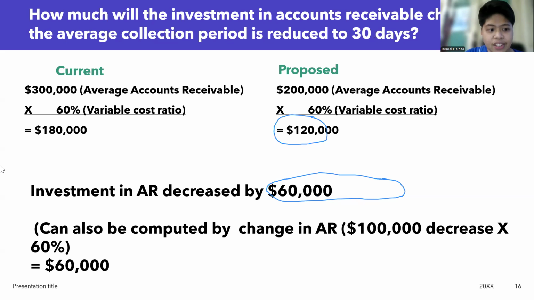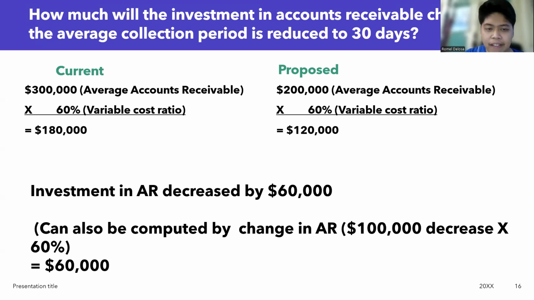Okay. The question is, so what? The point is, the investment in AR decreased by 60,000. That means, when we follow the proposed policy, we have 60,000 that we can use for other things.